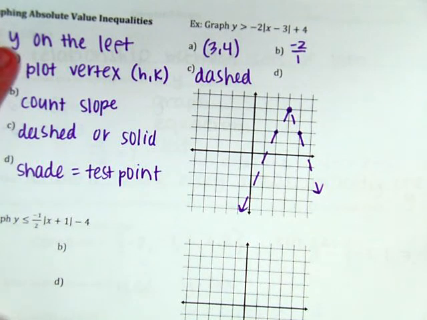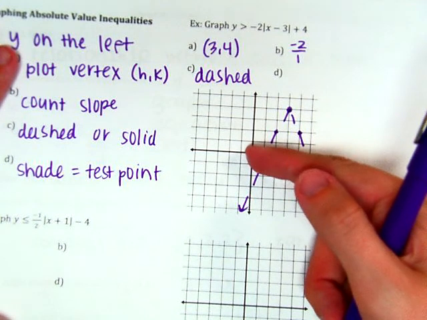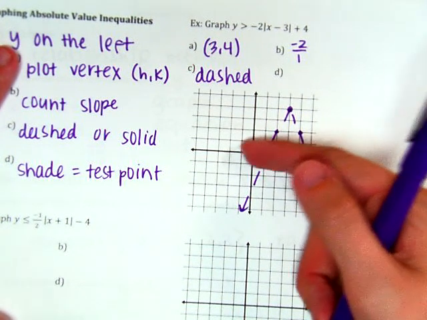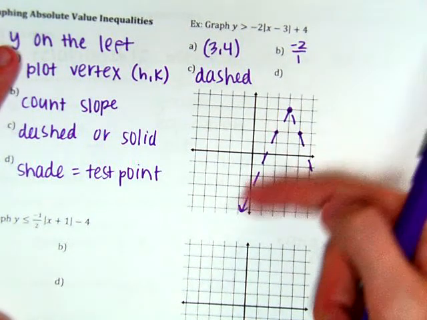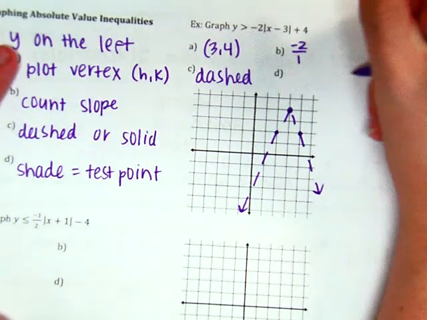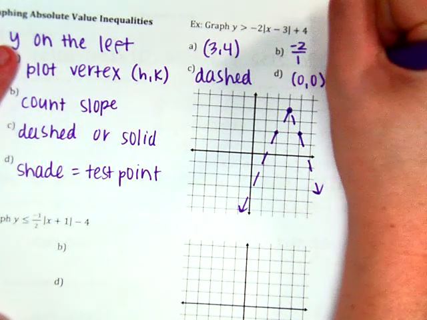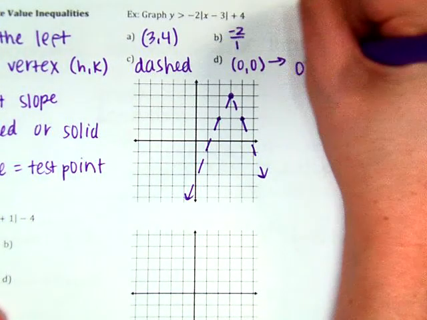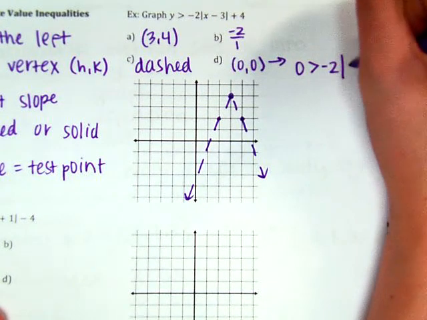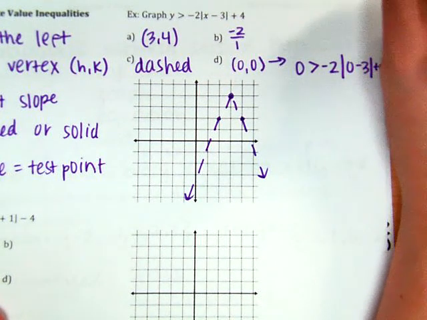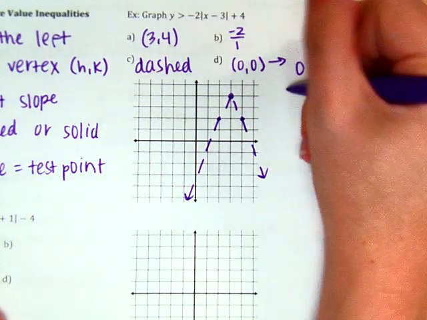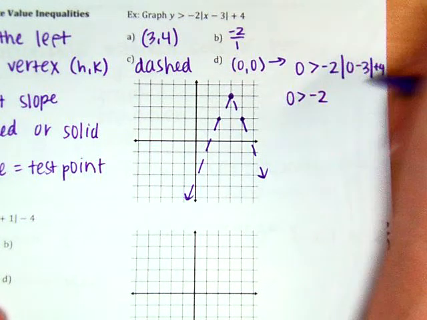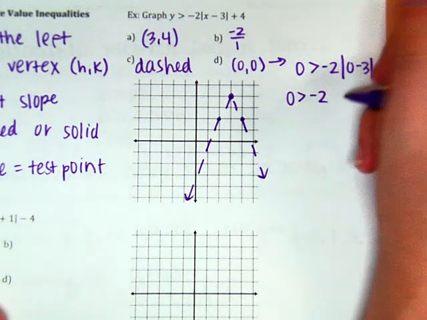And then my test point. I like to use 0, 0 because it's a nice easy one, and as long as it isn't on the line, then you're good. So I'm going to do 0, 0. And watch this. So I'm going to plug it in. So 0 greater than -2, absolute value of 0 minus 3, plus 4. Okay? 0 minus 3 is -3.